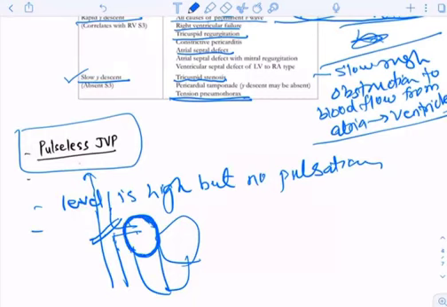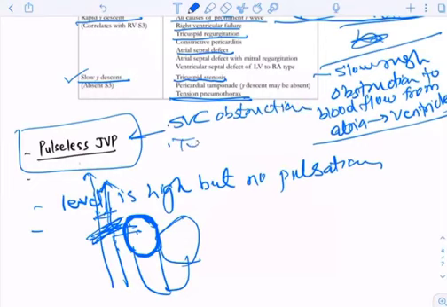In atrial fibrillation, we have seen that the A wave will be absent, because with no atrial contraction there is no A wave. But in cases of superior vena cava obstruction, the level will go up but there will be no pulsation, as the heart is pumping but because of the obstruction the pulsations will not travel upward. So there will be pulseless JVP in case of SVC obstruction.